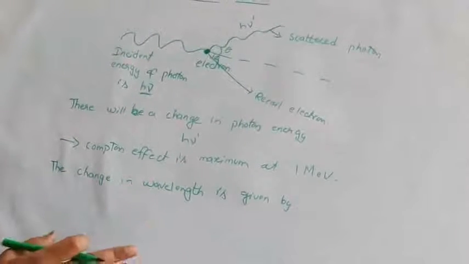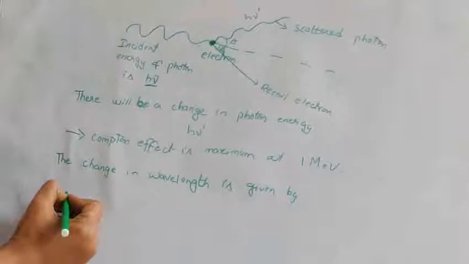So the change in wavelength in the Compton effect is given by delta lambda.